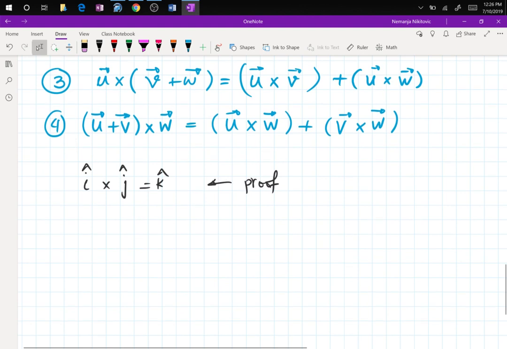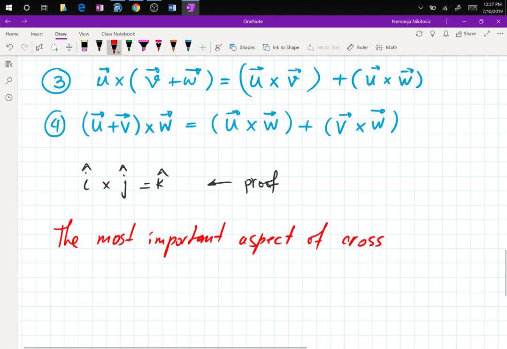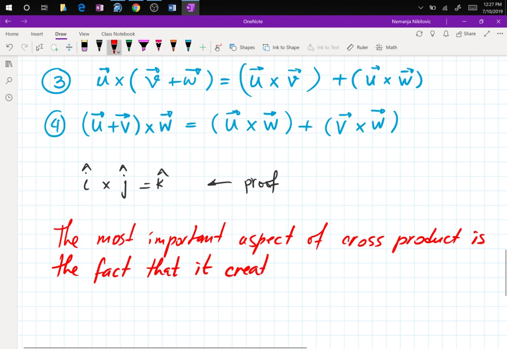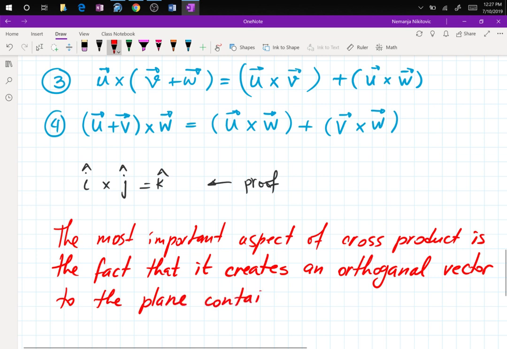So I'll write this in blood. The most important aspect of cross product is the fact that it creates an orthogonal vector to the plane containing vectors u and v.